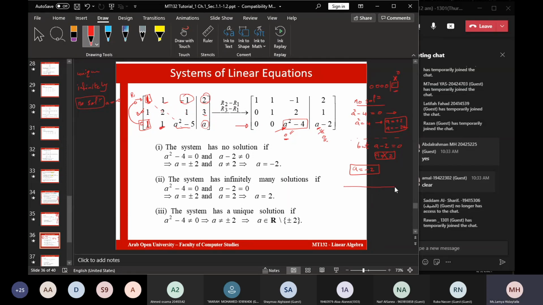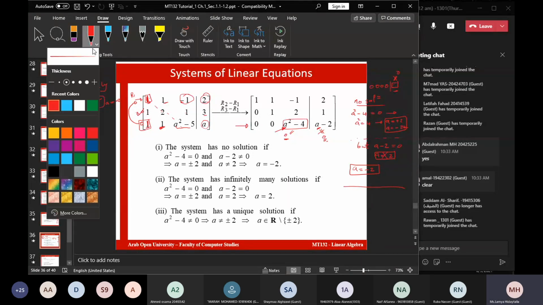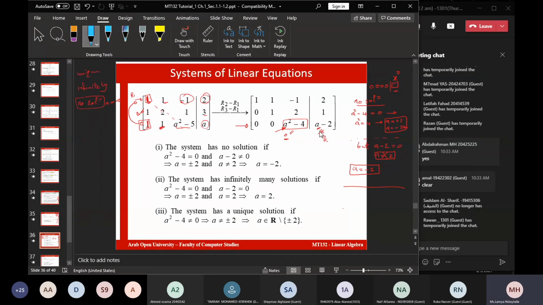Infinitely many solutions in the case where all the row is 0, meaning this is equal to 0 and this as well should equal 0.